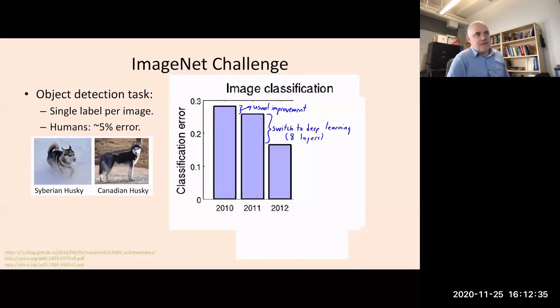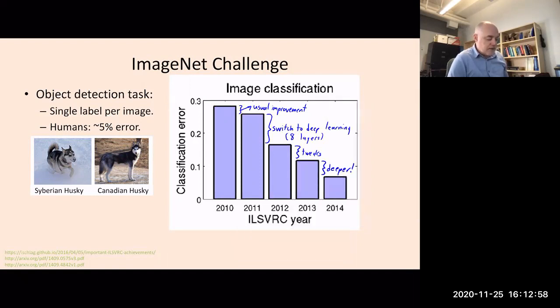But then in 2012, deep learning kind of started working. So there was a switch to deep learning. An 8-layer neural network was applied to this problem, and it gave rise to a very, very substantial jump in performance, right?